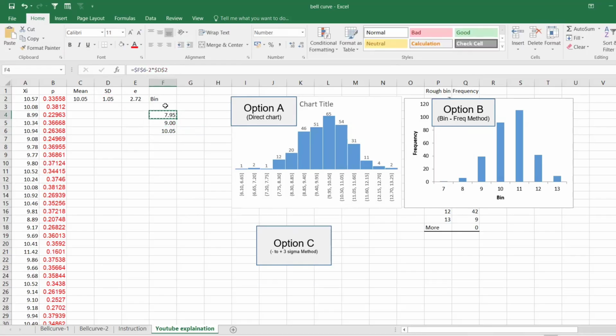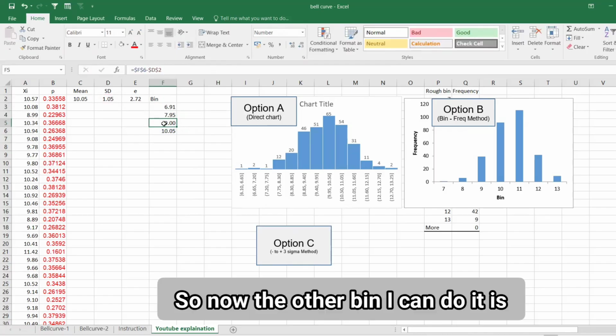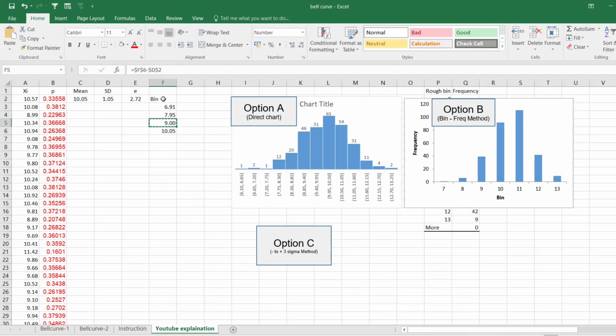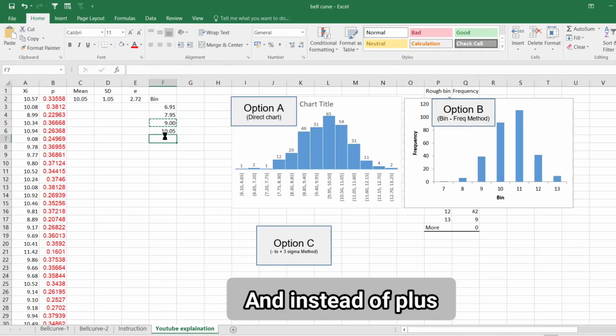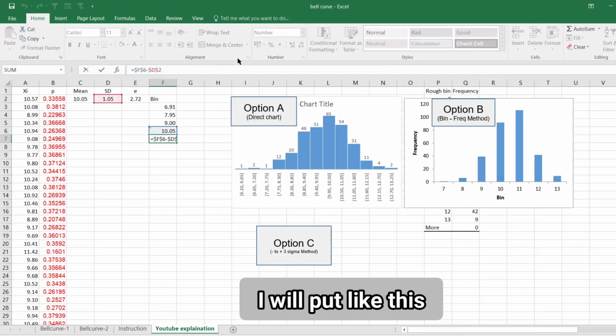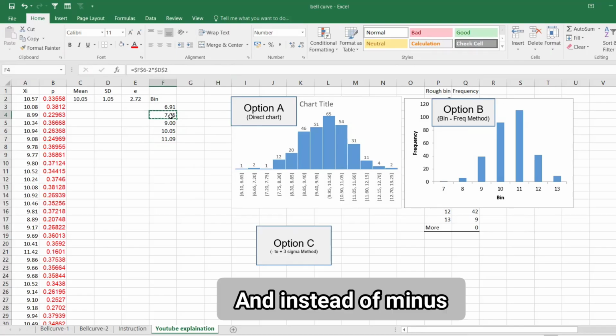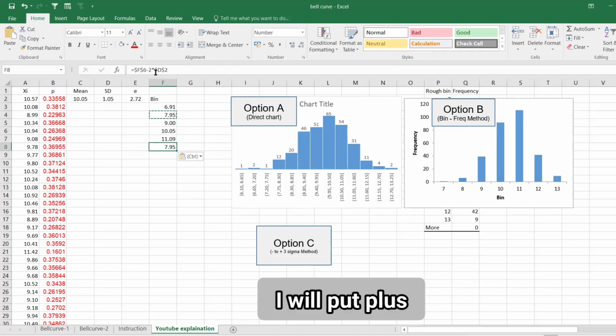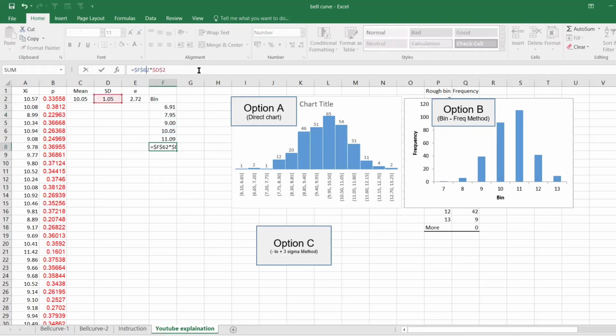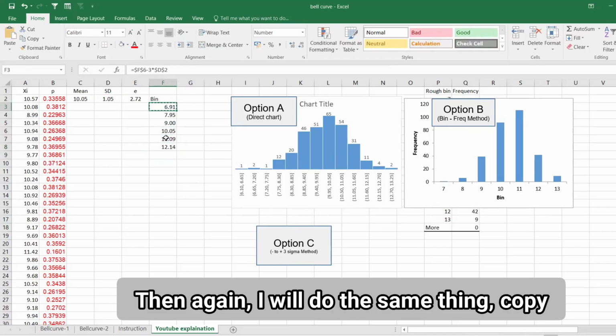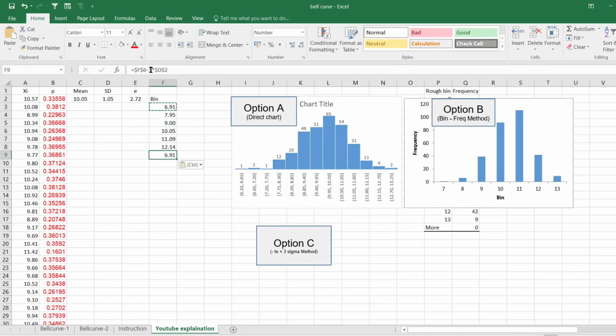And I'll put 3 here, right? This is great. Now for the other bins, I copy this one, and instead of plus I put minus, and instead of minus I put plus. Then again I do the same thing, copy, put plus.